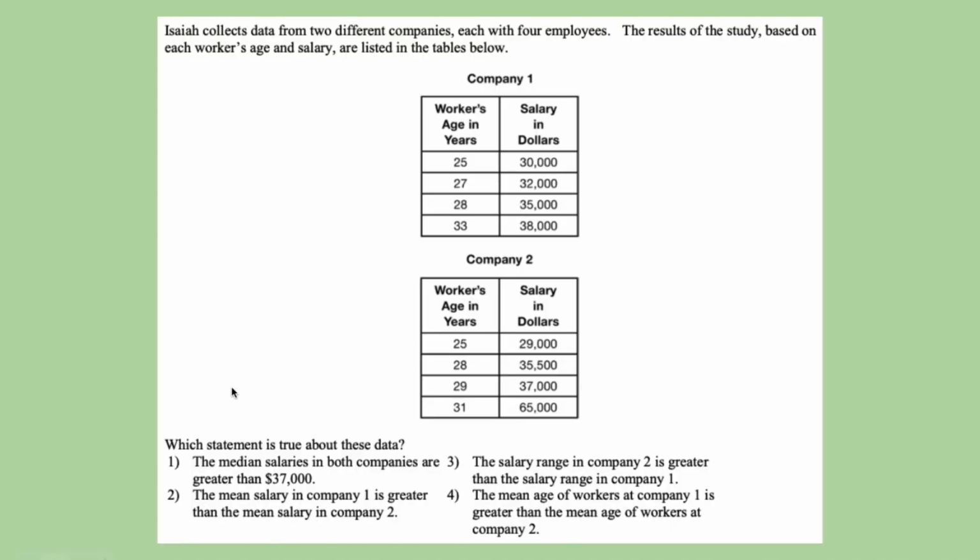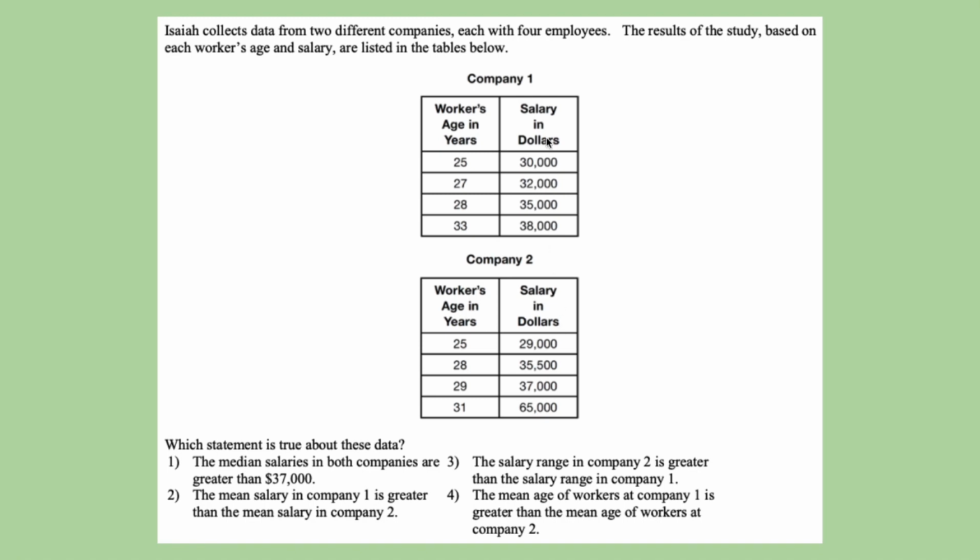So this question is really asking us to do a lot of work. We have to find the median, the mean, and the range. But we know how to do that, so that's okay. So we know that to find the median, you would have to write out all of these numbers. To find the mean, for each company, you would have to write out the numbers and then find the median.